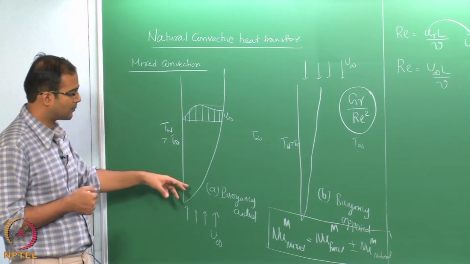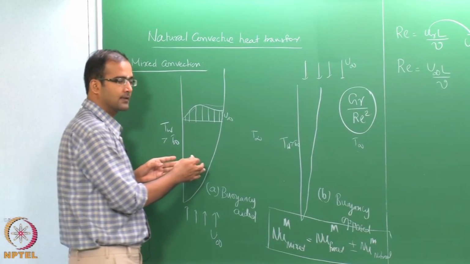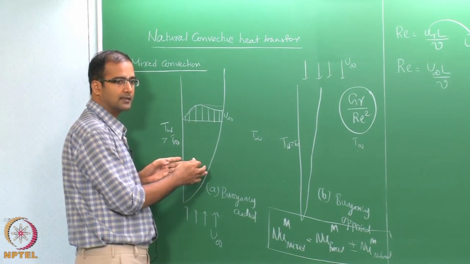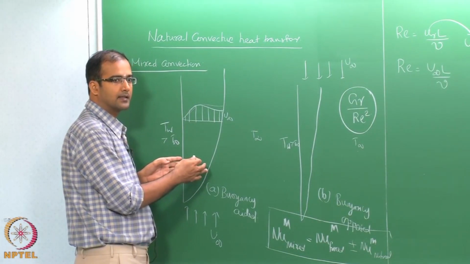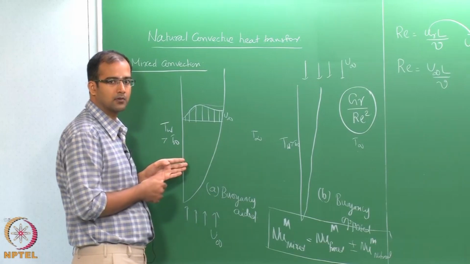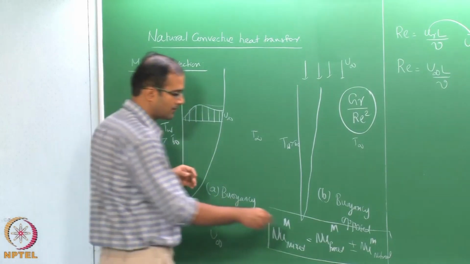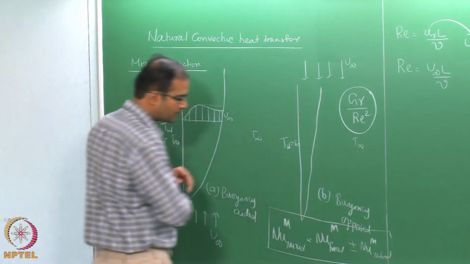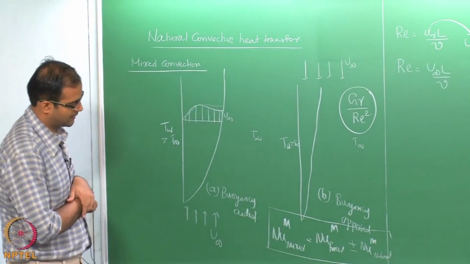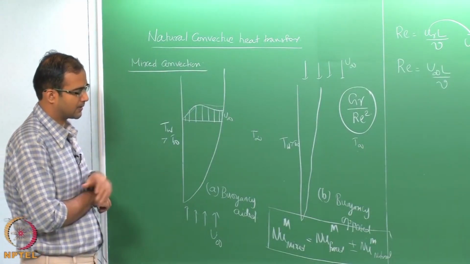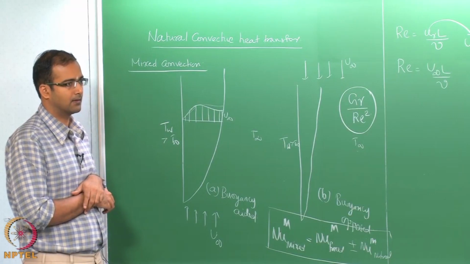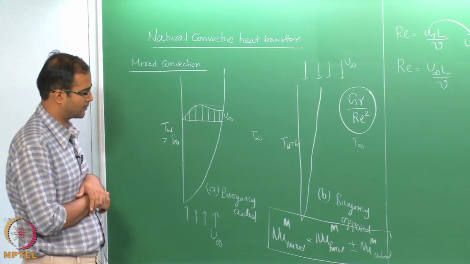For the case of buoyancy aided, you see that the boundary layer growth is much faster and it is thicker than the case of buoyancy opposed. Okay. So, therefore, the sign can be either plus or minus depending on whether you have a buoyancy assisted or a buoyancy opposed case.